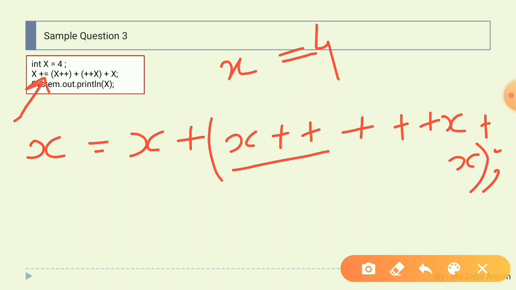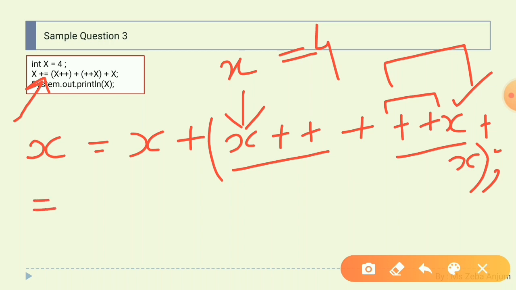This is your pre-increment. It means the variable is at the first position, so you will be using the value at the very first and you will be incrementing the value afterwards. And over here we have pre-increment. Firstly we have these operators, so we are going to increase the value at the very first, then afterwards we are going to use the same.